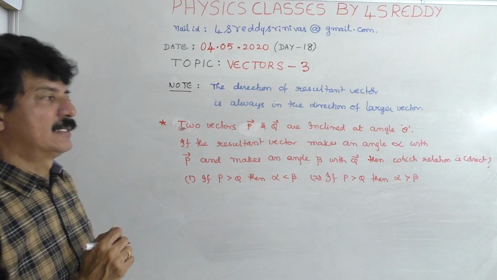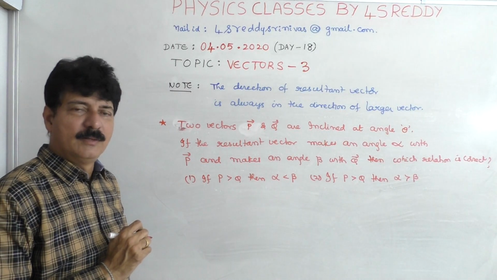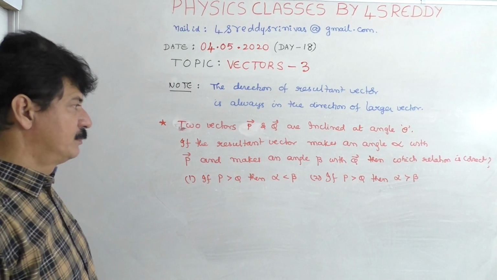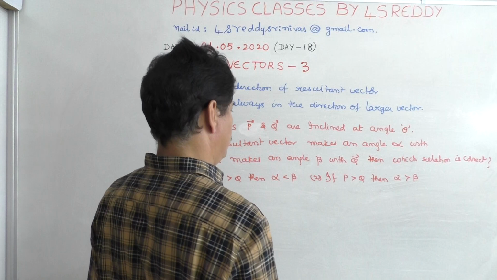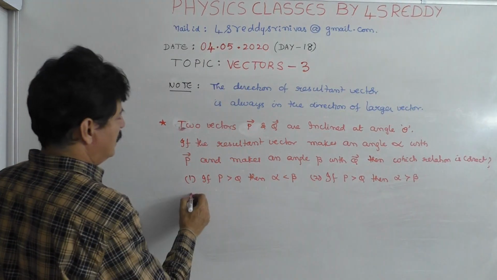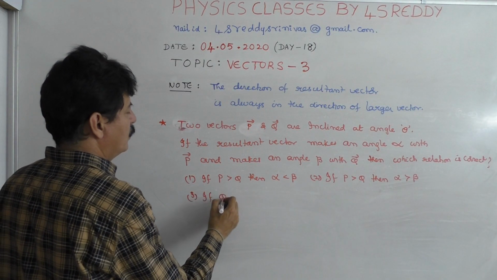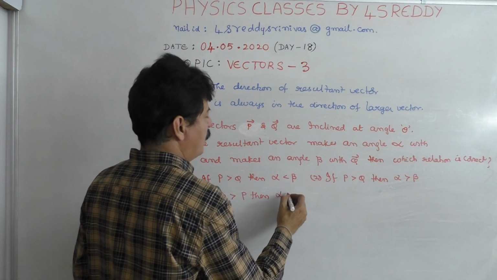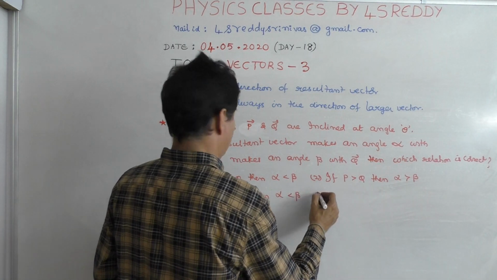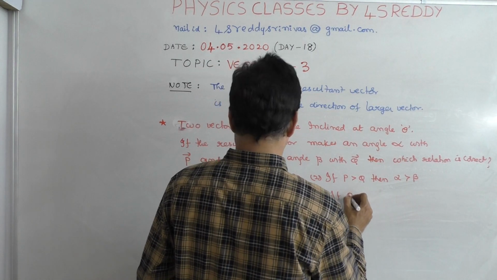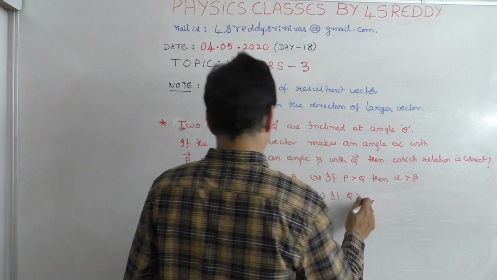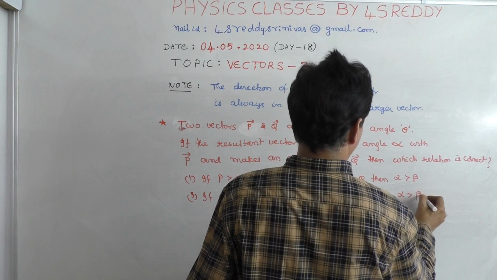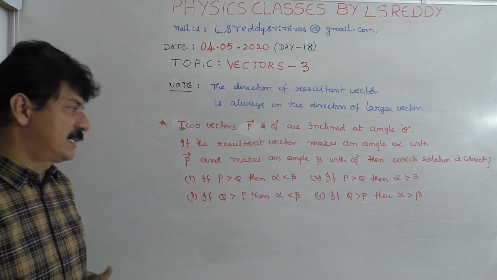Third one, if Q is greater than P, then alpha is less than beta, and fourth, if Q greater than P, then alpha is greater than beta. Which one is correct?